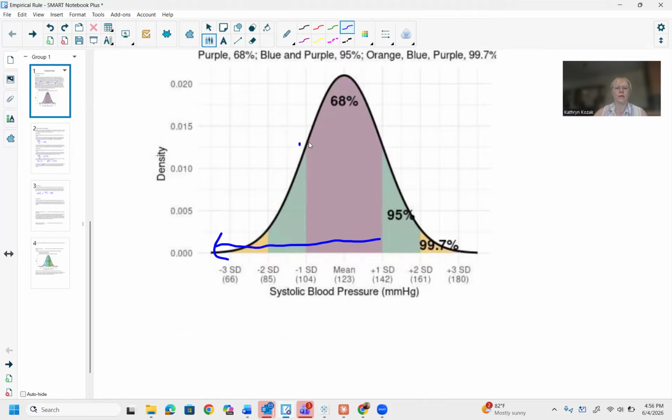And we know that from here to here to here is 34%. And we know from here on down is 50%, and that's why we just added those together.